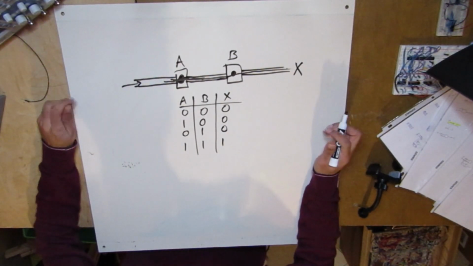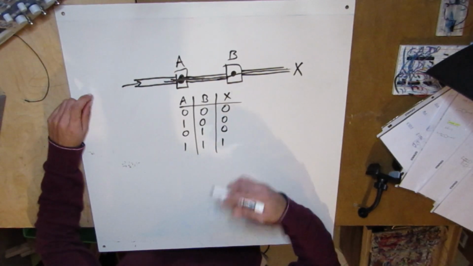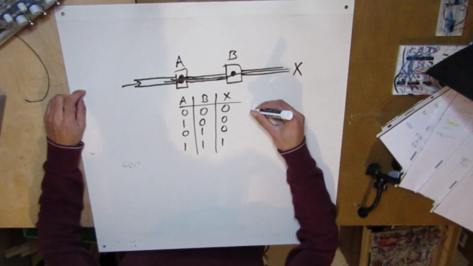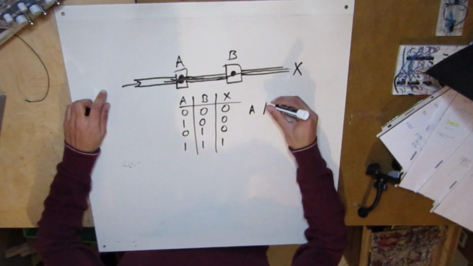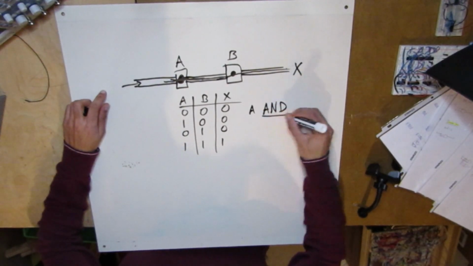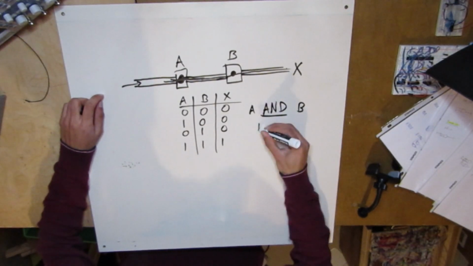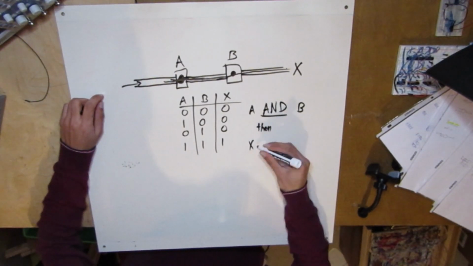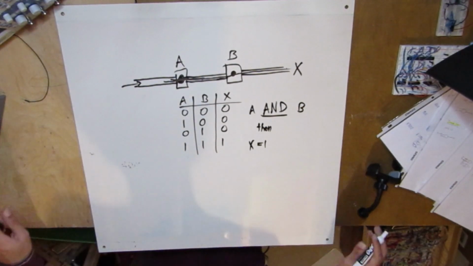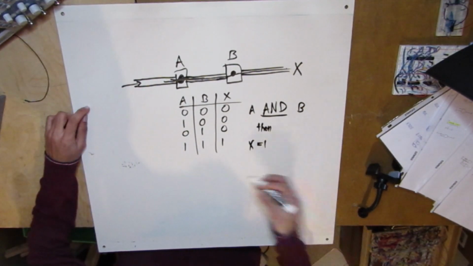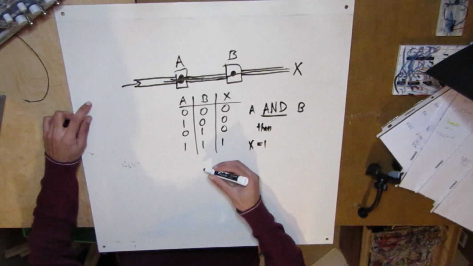Okay, so if you want to say this in a statement in English, you say A and, literally the word and, B need to be on, then X equals 1. This is logic, so we give it a symbol. This type of logic, we give it a symbol that looks like a piece of toast.